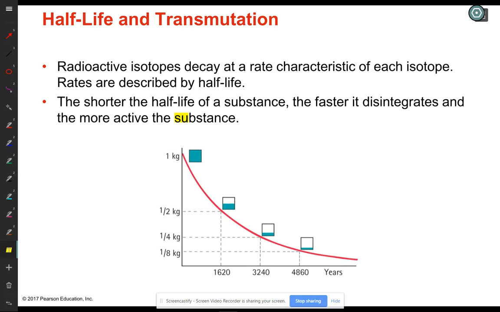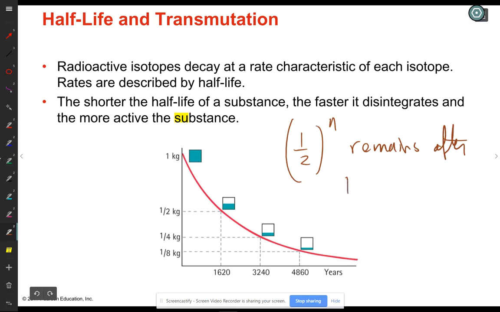So it's 1/2 raised to the n remains after n half-lives. So what is a half-life? It's the time when you expect half of it will have decayed.